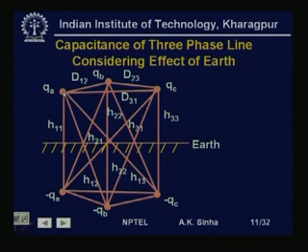Similarly, for phase A conductor and image of B, we will have the distance H12. For the distance from phase B conductor to image of A, it will be H21 and so on. So, we have all these distances which are shown in this figure.